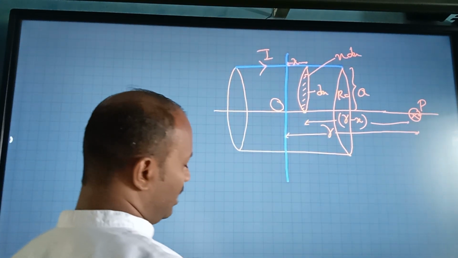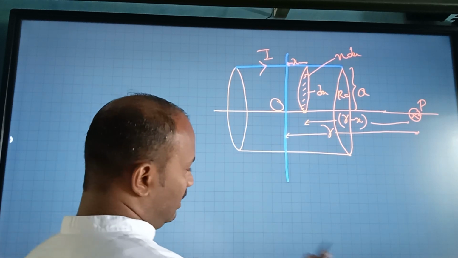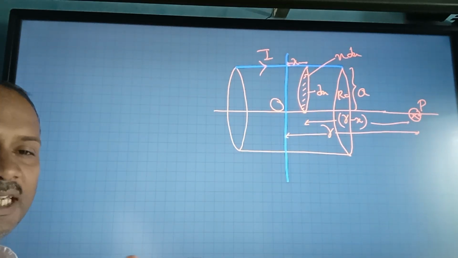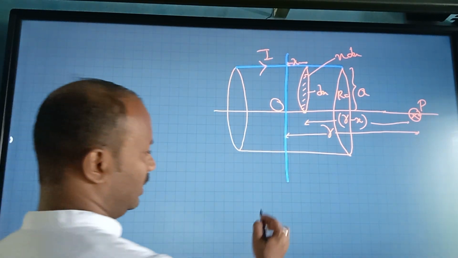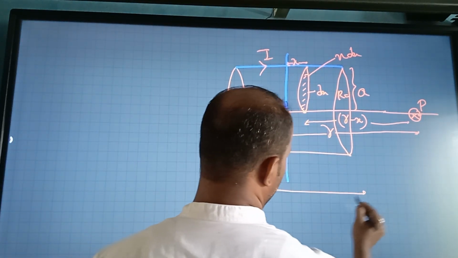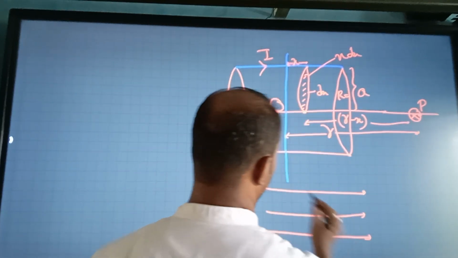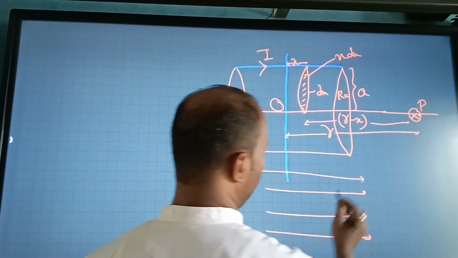Okay. Now, let us consider a bar magnet placed in a uniform magnetic field.